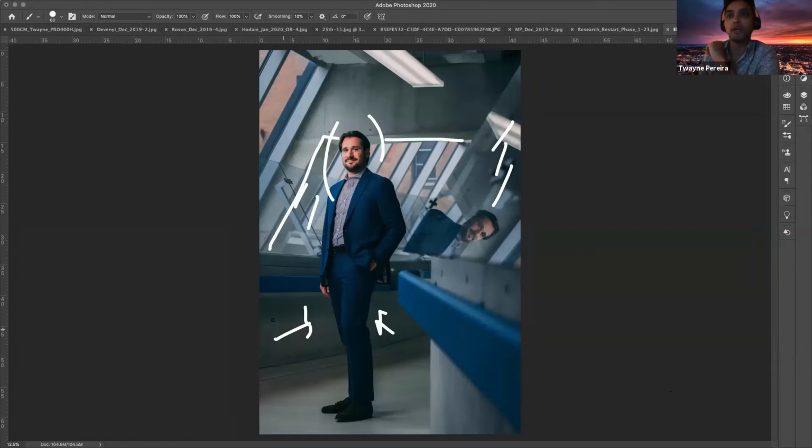But because I'm shooting upwards, it gives that authoritative look, because you're looking up to this person from your point of view as the photographer, but it's softer than if I were to have his hands crossed. If I wanted something super authoritative, I would have asked him to cross his hands, and then he just looks like he's the head of his department. He might be, I don't know. But this is something you can do to definitely soften that power pose if that's something you don't want to display or show.